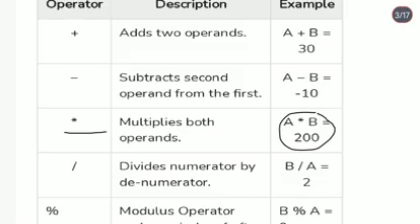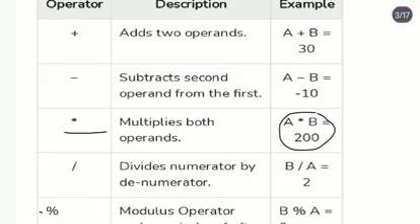And this is the modulus, or remainder, operator. For example, b percentage a is given. If you divide 20 by 10, what is the remainder? The remainder will be 0. For example, if I take the value of b as 12 and a as 10, then dividing 12 by 10, the remainder will be 2.